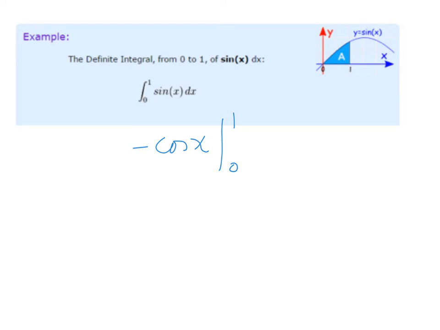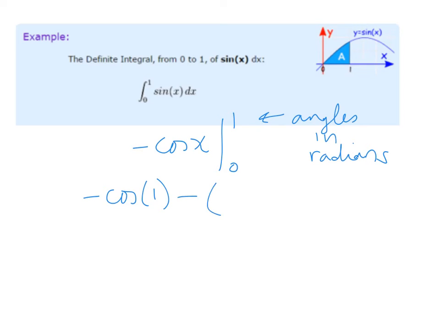And when I write this out, I have negative cosine of 1. Now remember that these are angles in radians, because sometimes people think that they are values instead of angles. And then minus, and I'm going to put that in parentheses, negative cosine of 0. Now, this part is really important because you are subtracting something that is negative, so you end up with positive.